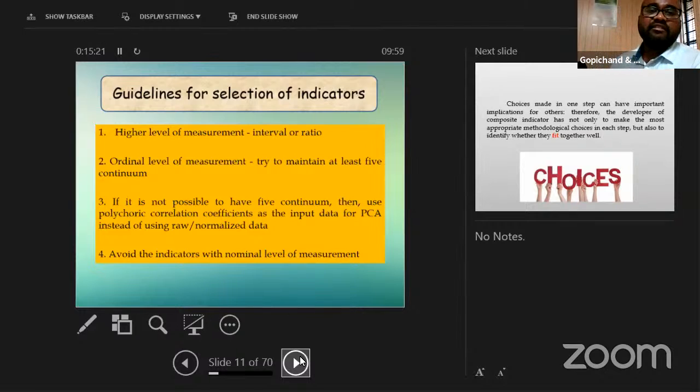And if we select the ordinal level of measurement, we should maintain at least a 5 continuum. If you don't follow the five continuum, there is also an option: the polychoric correlation coefficient in PCA will help you if you don't follow that 5 continuum for ordinal data. Nominal data is strictly restricted in this.